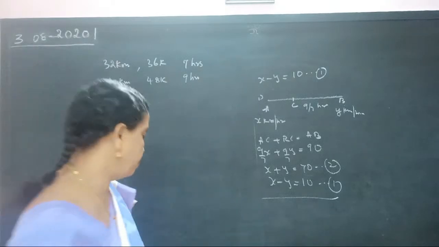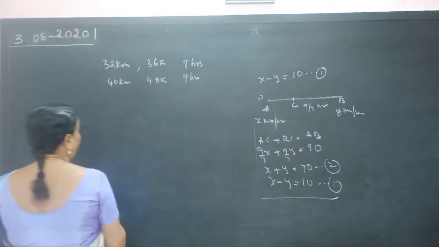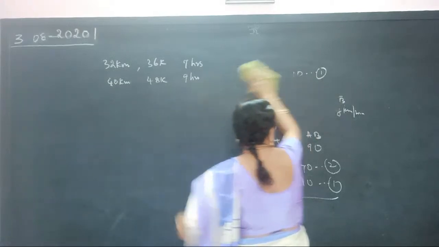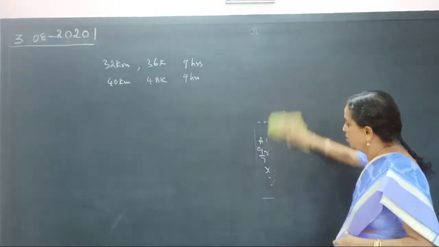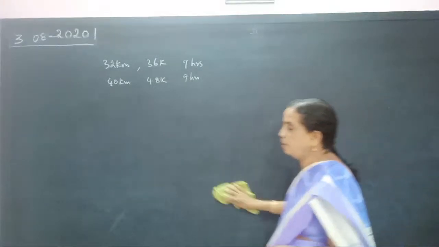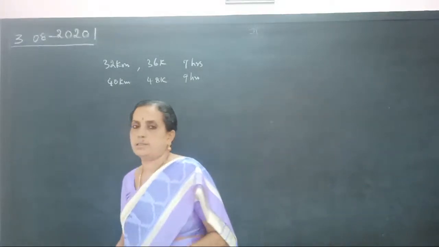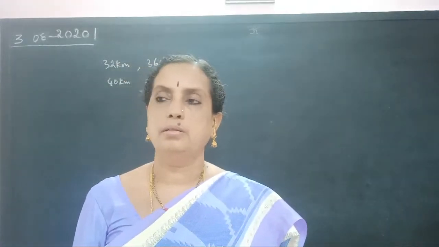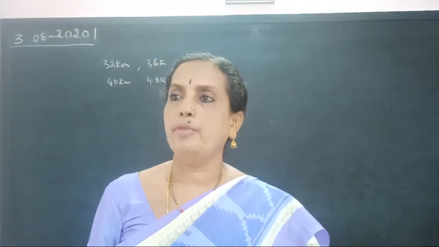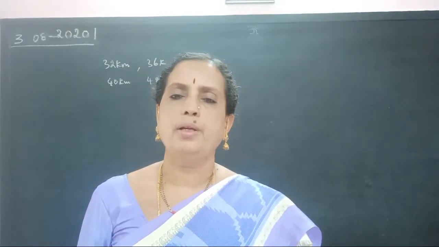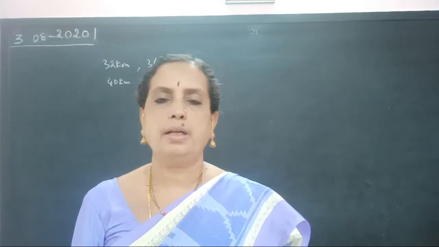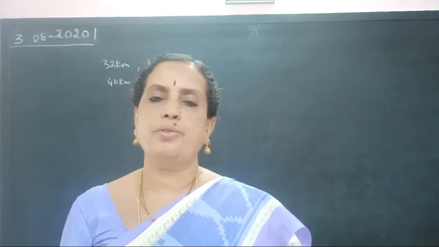Yes, let the speed of the boat be x kilometer per hour. Then the speed of the stream is y kilometer per hour. Yes, Purnachandra, correct. Now proceed to the next question.